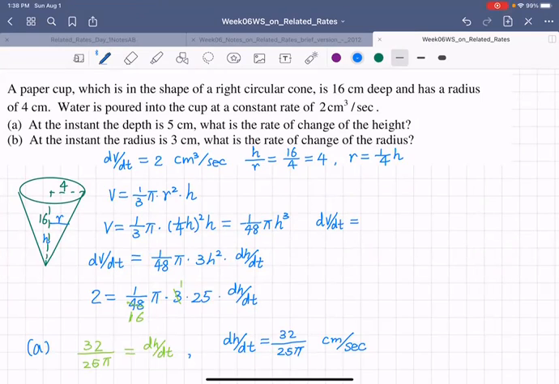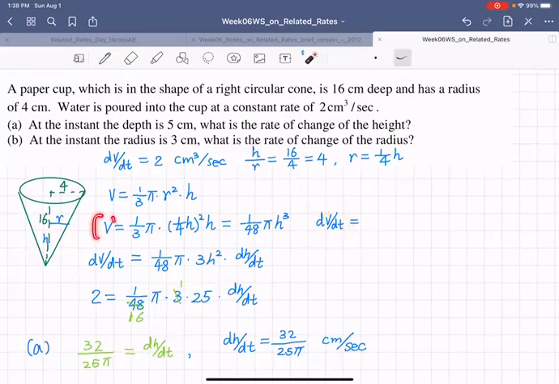So in this piece, V is the dependent variable, but t is the independent variable. So you take the derivative on the left, which is dV over dt, correct?